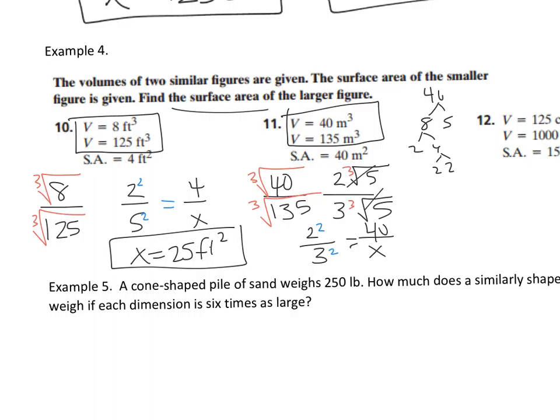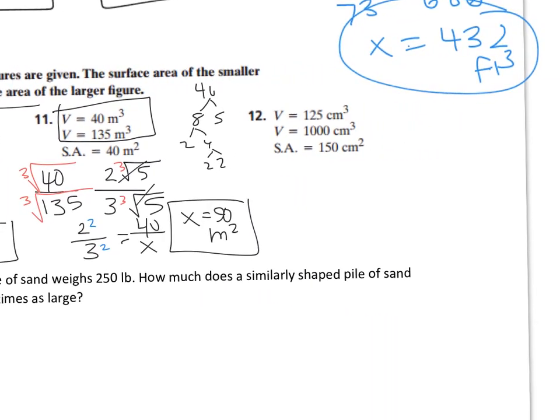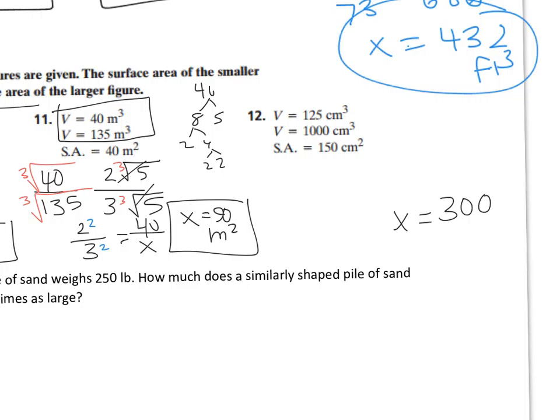So when you cross multiply and divide, you get x is 90 meters squared. I'm not going to do this next one, it's very similar, but your answer, and you can look at my notes online, is 300 centimeters squared.